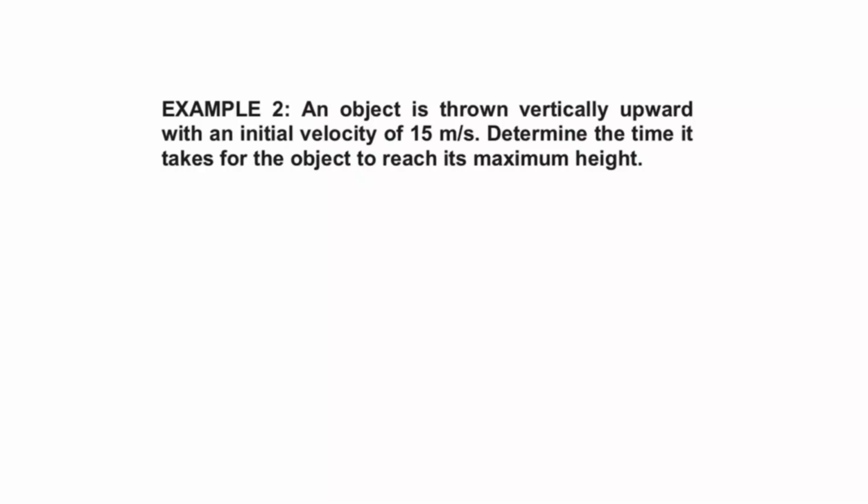In this example, an object is thrown vertically upward with an initial velocity of 15 meters per second. Determine the time it takes for the object to reach its maximum height. Let's go ahead and have a sketch. So we have an object that is being thrown upwards with an initial velocity of 15 meters per second.